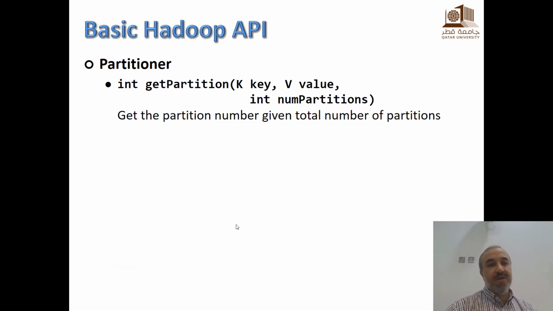Okay. Still one, which is the partitioner. Remember the two major components, map and reduce. There are two optional components, the combine and partition. The combine is done in the previous slide. The partition here is just a function within a class called partitioner. You will override it, and it will take a key and value and return back a number that will indicate which reducer will handle that record. Okay, and you don't have to implement that.